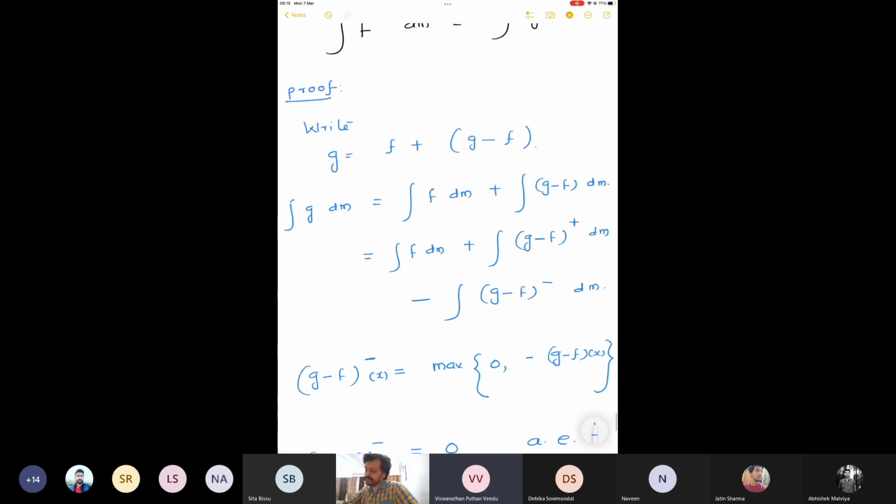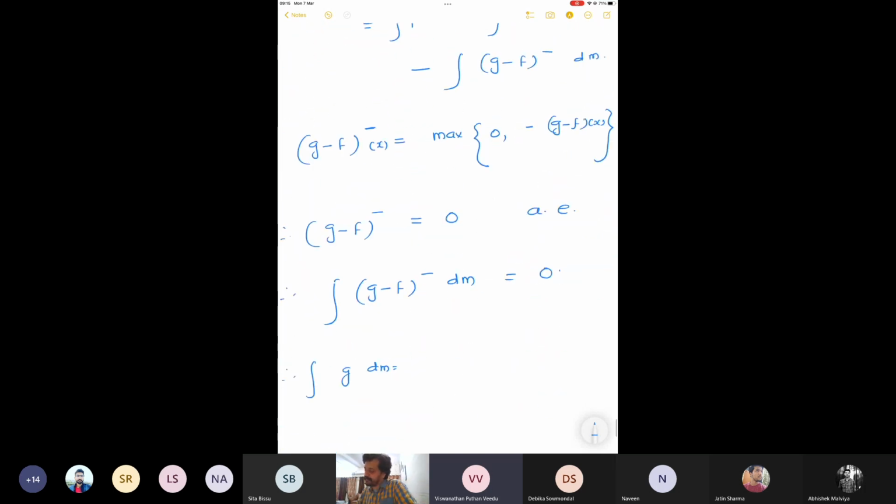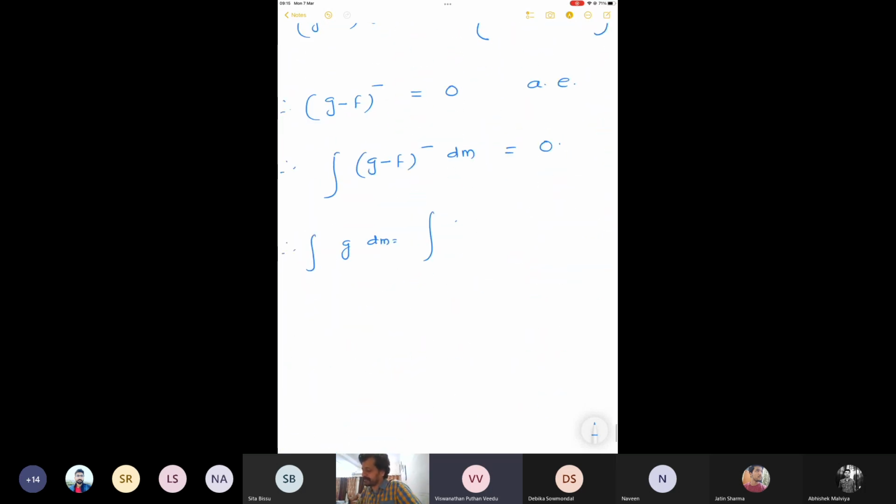And therefore, the integral of g dm is equal to the integral of f dm, plus the integral of (g minus f) plus dm, since the third summand will not contribute anything. Now can you conclude the result? The integral of g dm is the integral of f dm plus something, and that something is non-negative, because (g minus f) plus is non-negative.